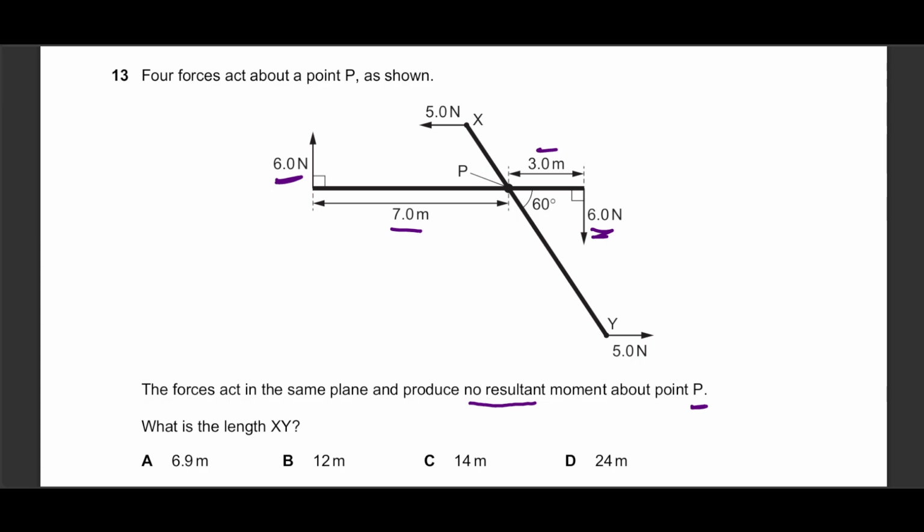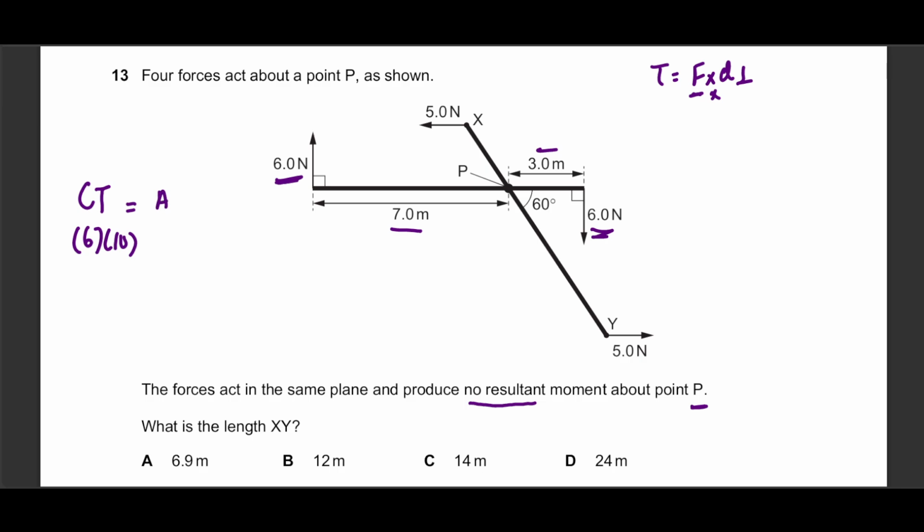So I can make one equation. You can say that the clockwise torque is actually equal to 6 multiplied by 10, because for the equation of torque, we have force into distance. Any one of the forces, if they're exactly the same, multiplied by the perpendicular distance between them, which will be 6 multiplied by 7 plus 3, 10.